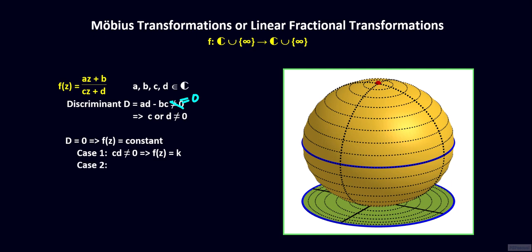For case 2, let cd be equal to 0. Then either c equals 0 and d is not 0, or c is non-zero and d equals 0. Let us first suppose that c equals 0 and d is non-zero.